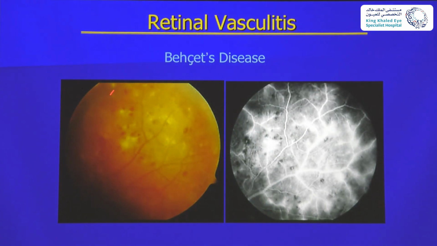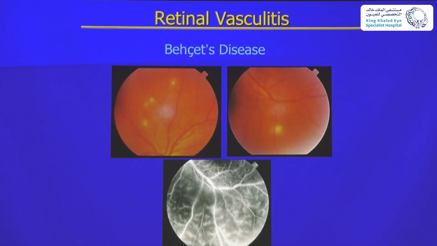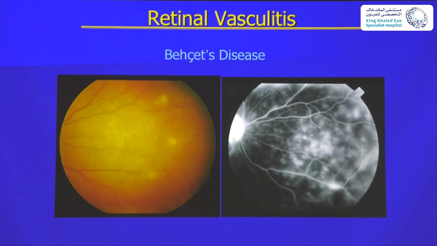But if you see such retinal infiltrates, with or without hemorrhage, the only differential diagnosis is Behçet disease. If you do fluorescein angiography, there is diffuse leakage involving capillaries. Again, another patient with retinal infiltrates, and you look here at the fluorescein angiography, each capillary is leaking. So diffuse leakage involving the capillaries is highly suggestive of Behçet disease.